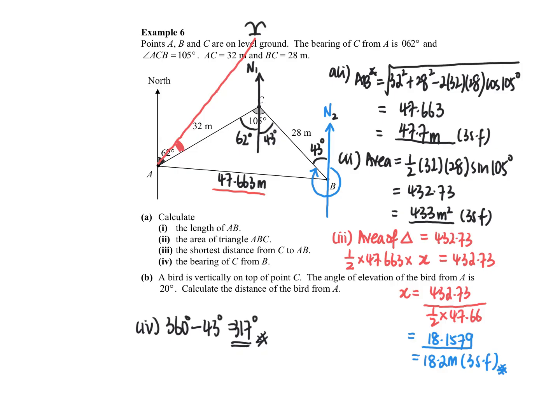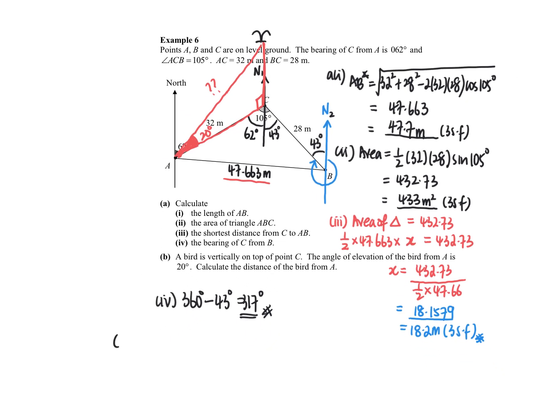They are saying that this angle of elevation here is 20 degrees. So this is the vertical height of the bird. So this is a right angle triangle. As long as you can visualize the right angle triangle, then you can find the distance of the bird from A. So they want you to find this.